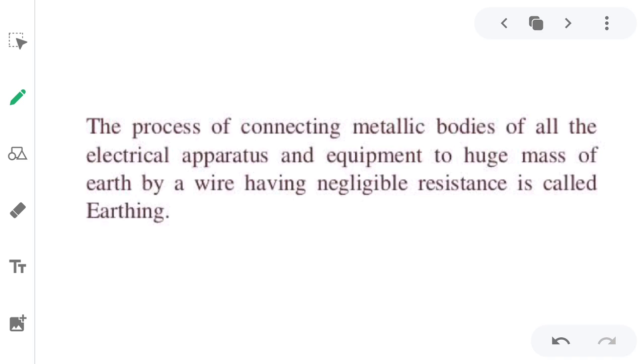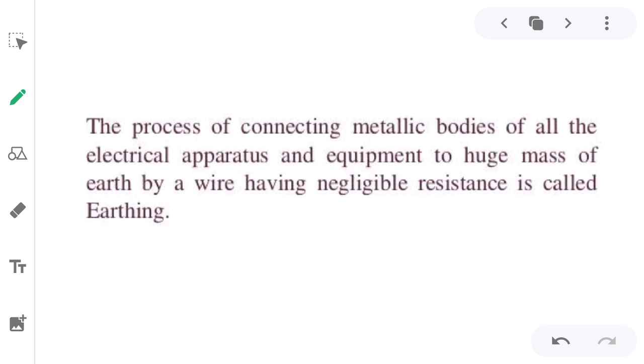So it is very obvious that due to some fault in wiring, or maybe human error, it is possible that the live wire may directly come in contact with that metallic body, and in that case, if someone goes and touches that electrical appliance, then he may get a shock.